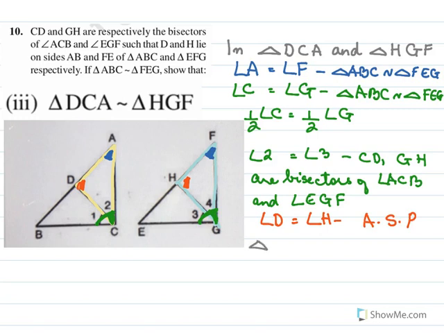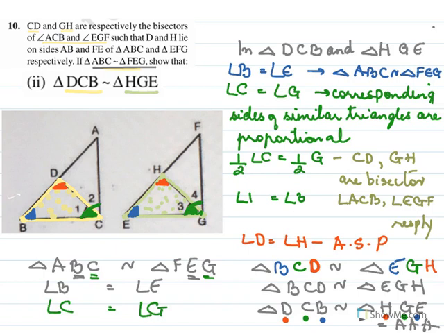So you have triangle DCA similar to triangle HGF by AAA test. Here I made a mistake, and this should be corresponding angles of similar triangles are equal.